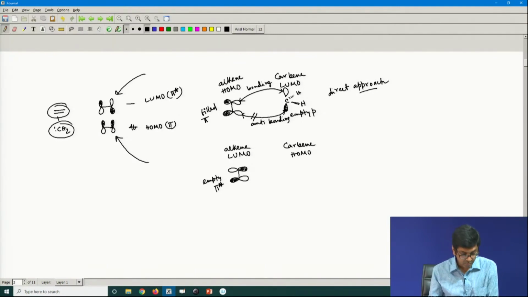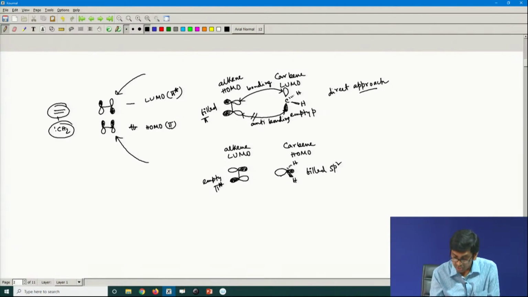Now, if we take the carbene HOMO, you have seen that for carbenes the HOMO is nothing but the filled sp2 orbital.